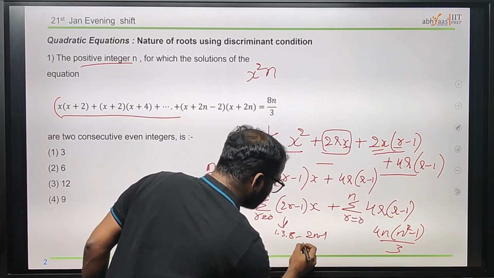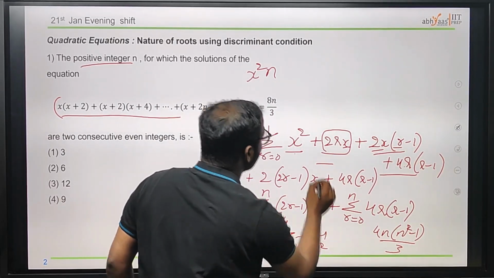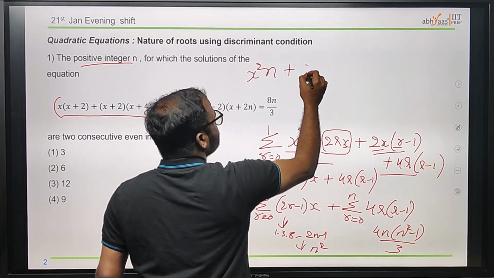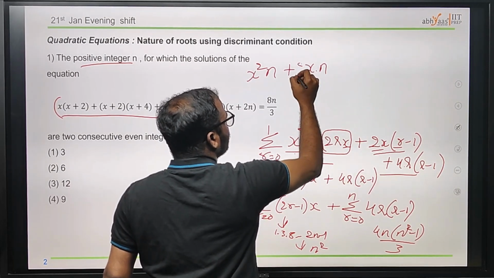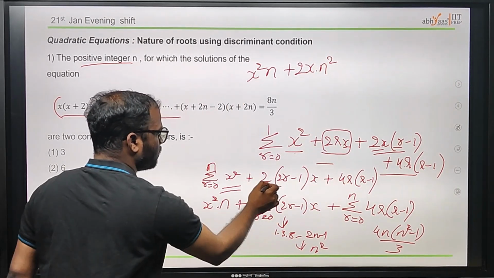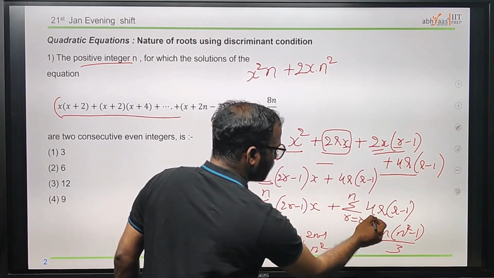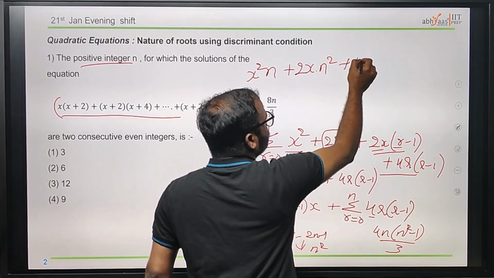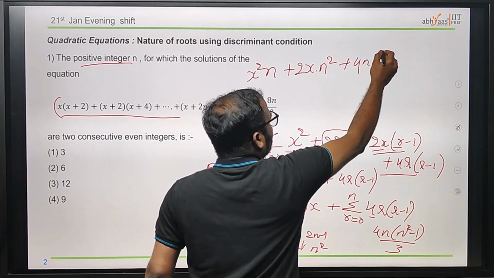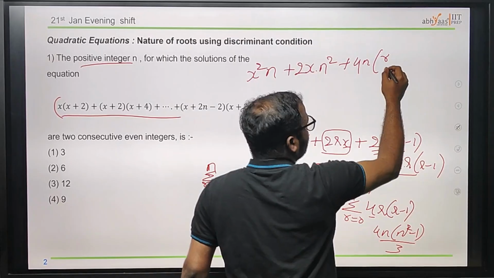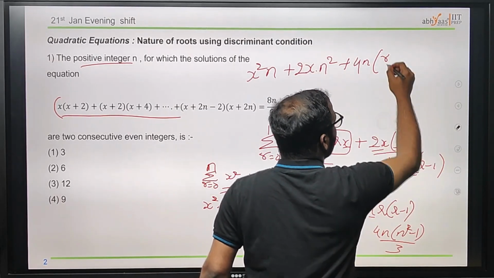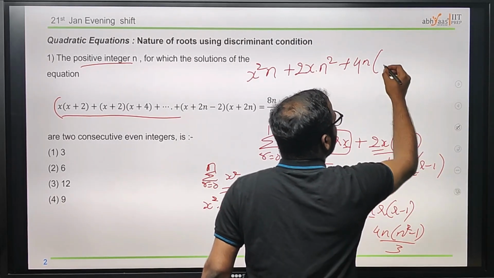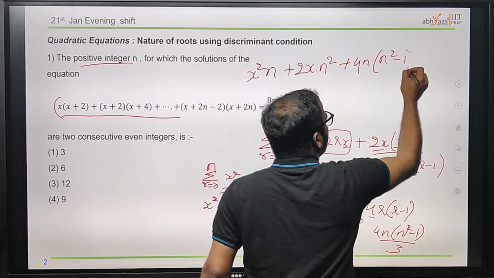Okay, and this n term will be like n square. Okay, that will be x square into n square, 2x into n square, since we have here 2 constant. And next here we have 4, plus 4nr, n square minus 1 by 3.